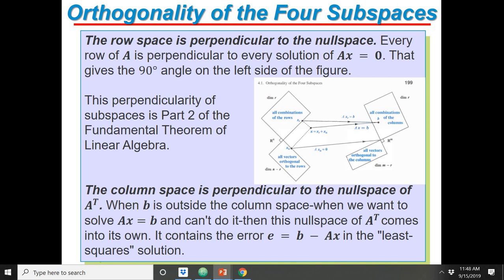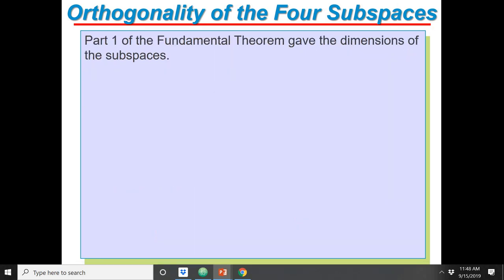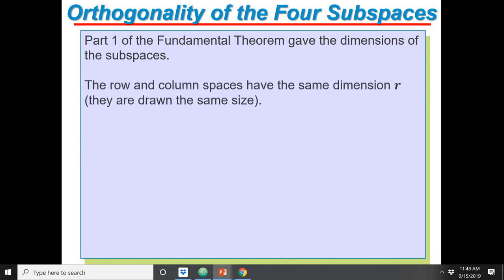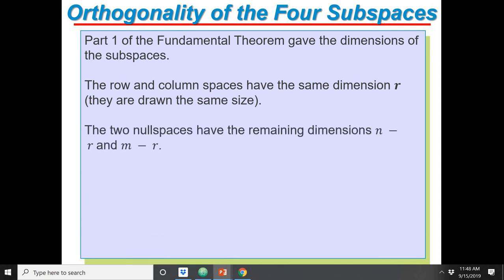So I don't want at this point to confuse you. We already discussed that the row and column spaces have dimensionality r. We discussed the two null spaces having dimensionality n minus r and m minus r. So the dimensionalities seem to fit together.